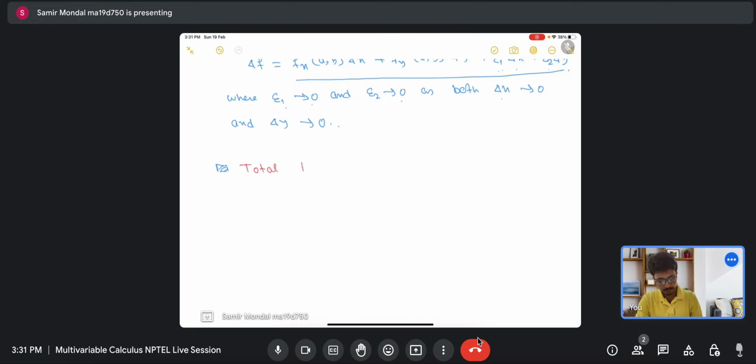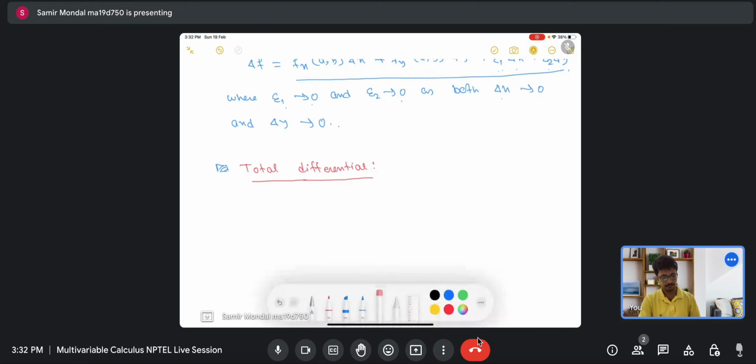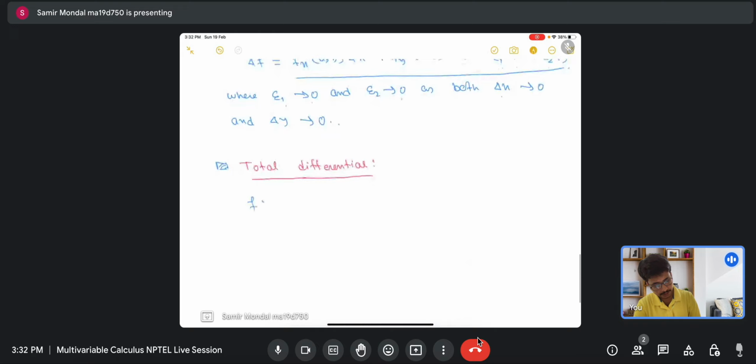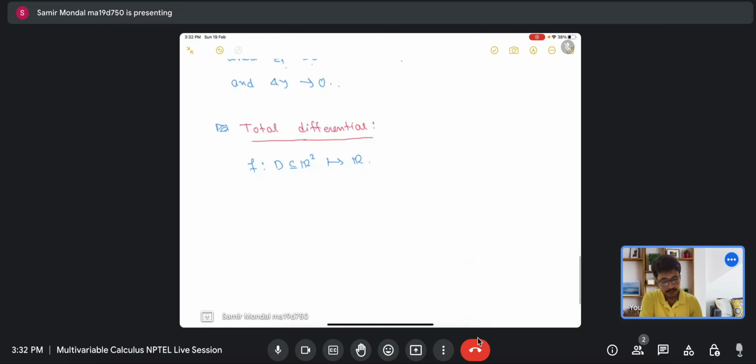Let f be a two variable function defined on D, which is a subset of R2, to R. This is a two variable, real valued function basically. This is given.